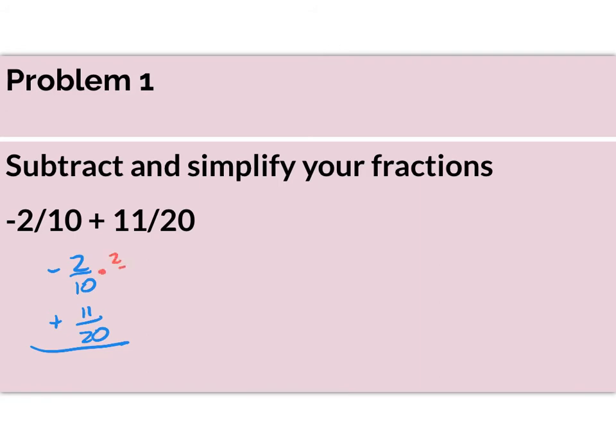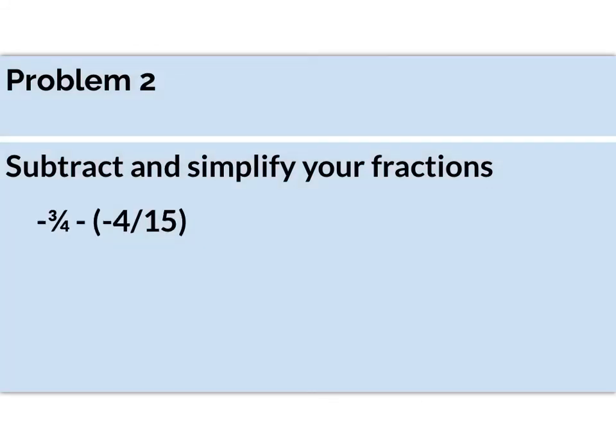So if we multiply by 2 over 2, we get negative 4 over 20 plus 11 over 20. Same signs add, different signs subtract. So we're going to subtract. 11 minus 4 becomes 7 over 20.